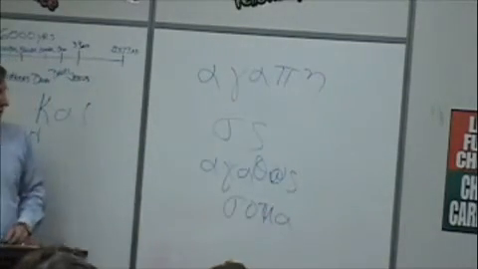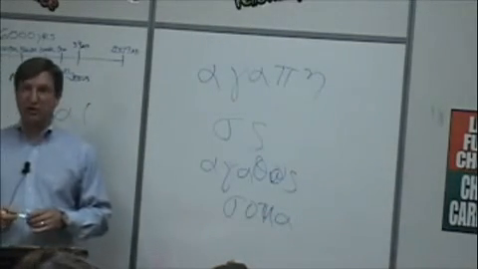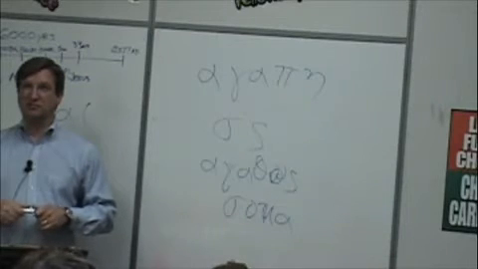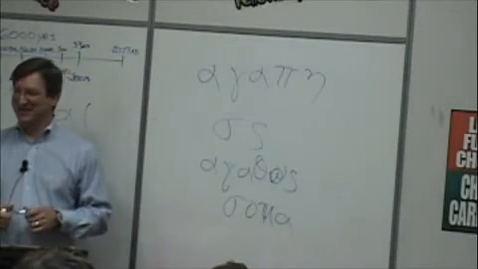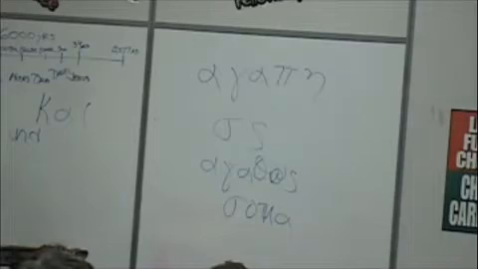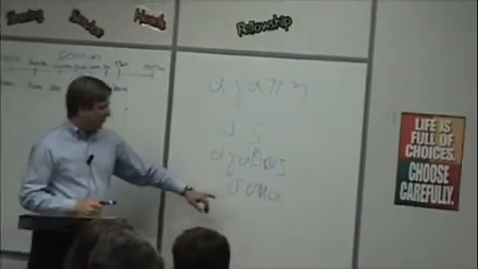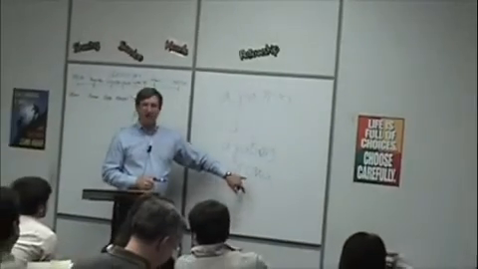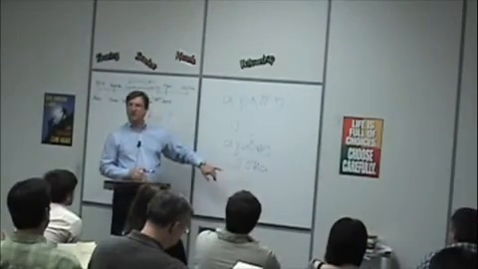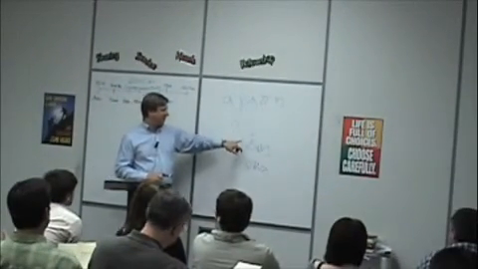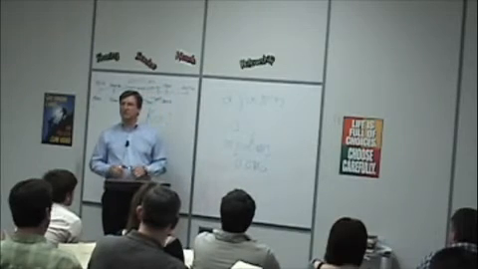Soma. Soma is the word for, what's the word for? For body. Soma. So when it's written at the beginning of a word or in the middle of a word, it is written like this. If it's at the end of the word, it's written like an S.